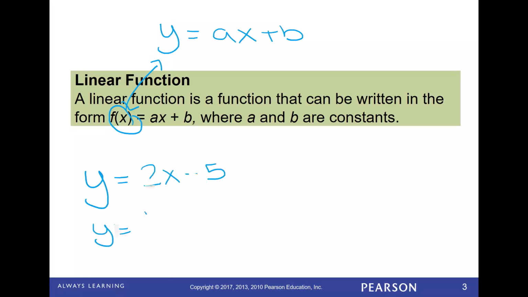It could be written as 1/2 x plus 7. It could even be written with that f of x notation and be like -5/4 x plus the square root of 3. Okay, all of these are different ways. And again, basically, the numbers in front that are where a and b are can be positive, they can be negative, just as long as they're an actual constant number.